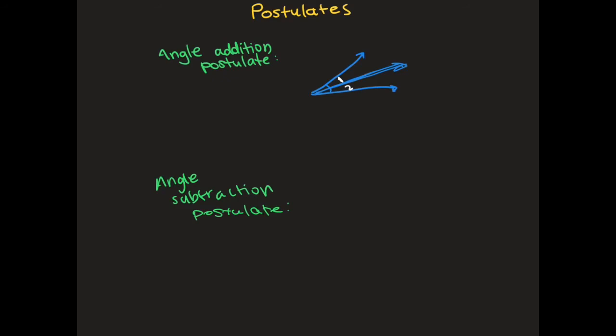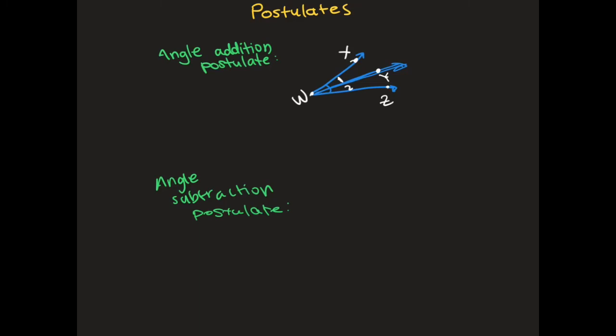In angle addition postulate, let me actually label this. W, X, and then Y and Z. Those are our four different spots.